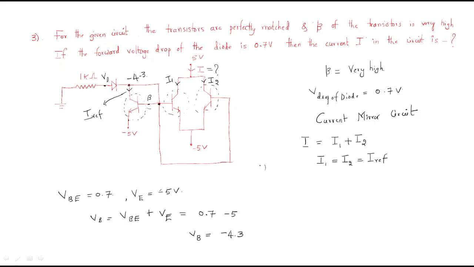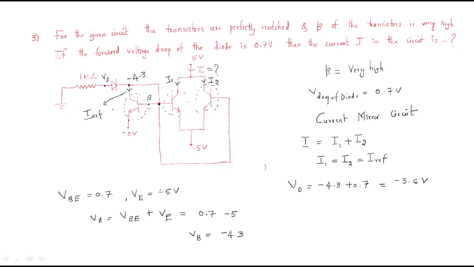VD equals minus 4.3 plus 0.7. Up to this point the voltage is 4.3, but by adding this 0.7 we will get that value. So the value is minus 3.6 volts.